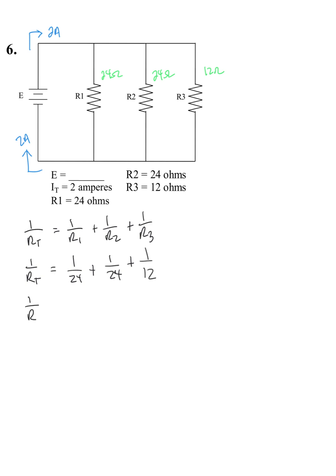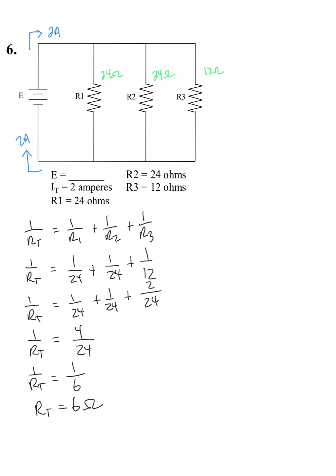We're going to need a common denominator, and 12 will go into 24, so these will stay the same, right? This one will change to 24, which will make that 2. So now our total is 1, 2, 3, 4. So 4 over 24, 1/6. So resistance total for this one is 6 ohms.